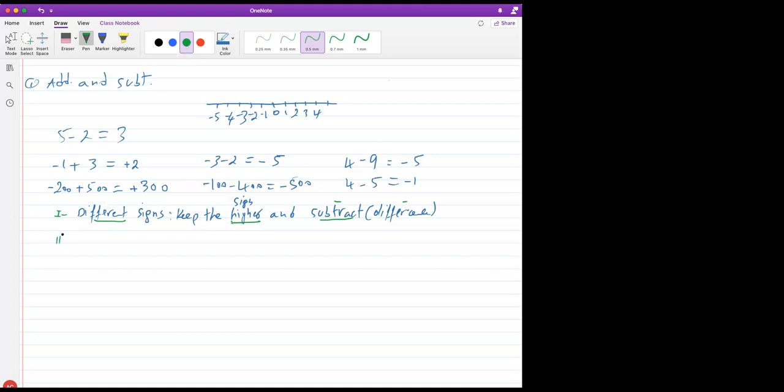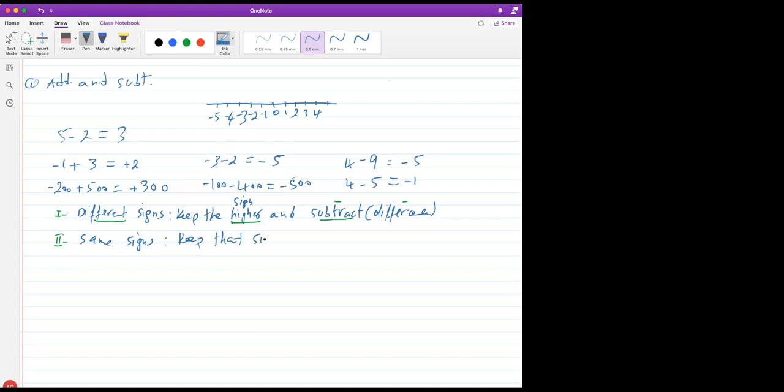There's another case, where you have the same sign. Same sign meaning this. What's the rule here? Same sign, what do you do? Same sign. You keep the same sign. That's right. Keep that sign, whatever the sign is, it could be two positives or negative.